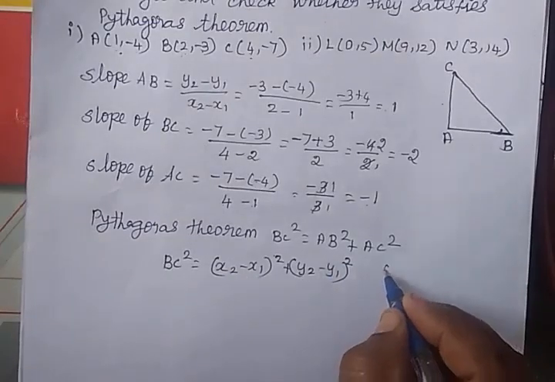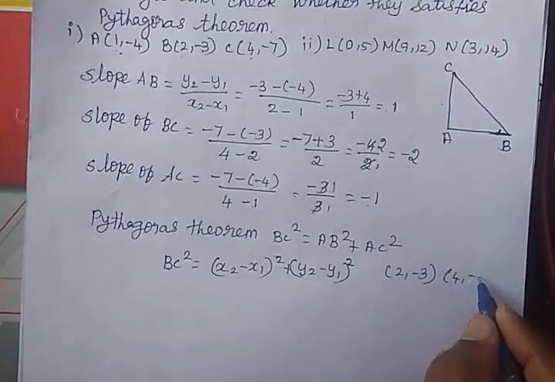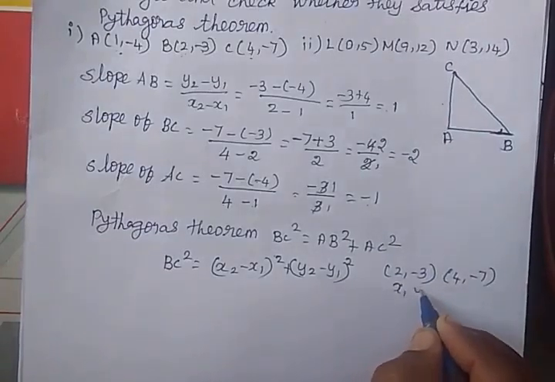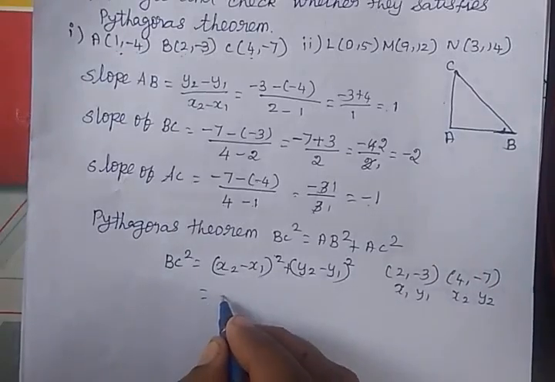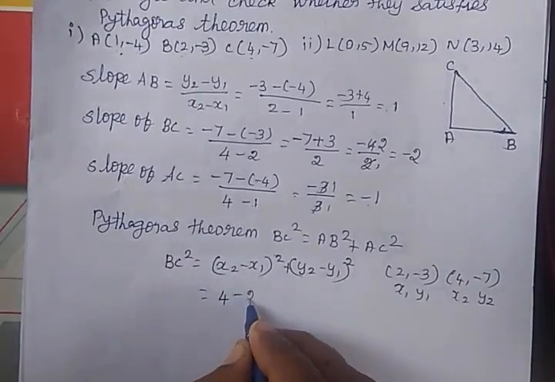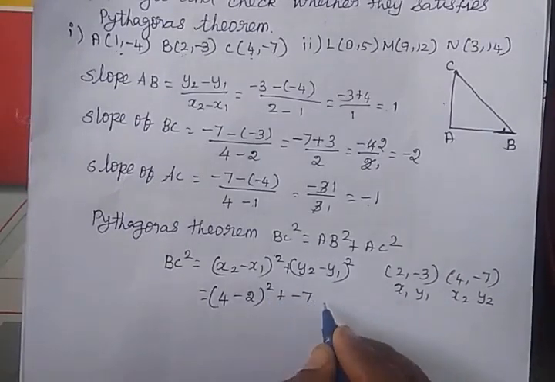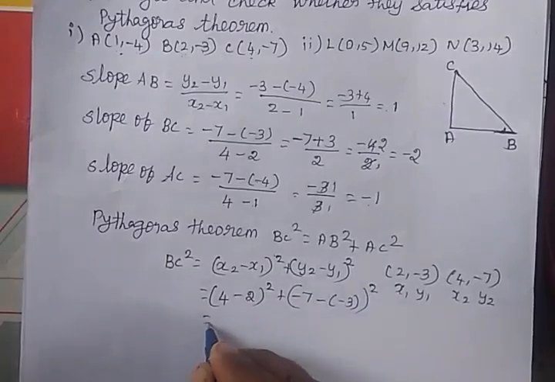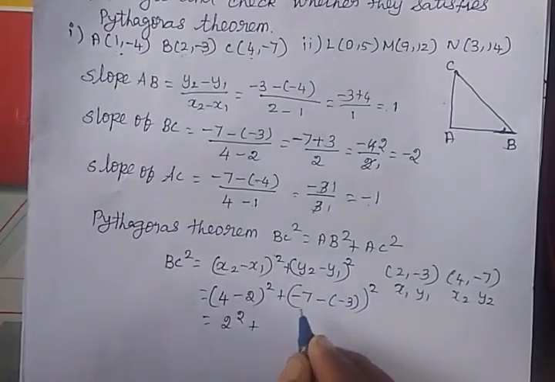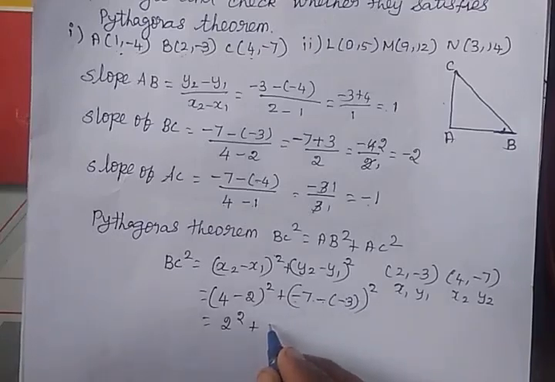B is the point (2, -3) and C is (4, -7). x2 is 4, x1 is 2, the whole square; y2 is -7, y1 is -3, the whole square. 4 minus 2 is 2 squared, and -7 plus 3 is -4 the whole square.